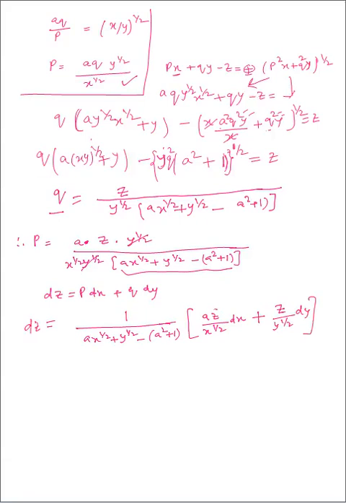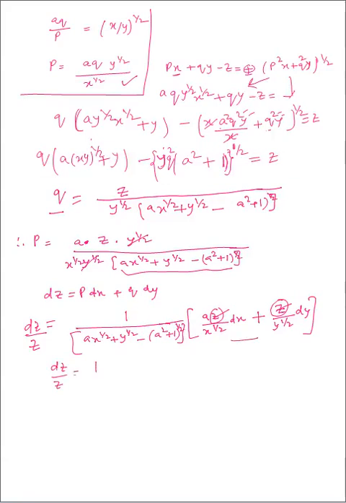So we take z common from here and bring it here: a upon x to the power half plus 1 upon y to the power half dy. From here we can write dz upon z, and we take the LCM in this.